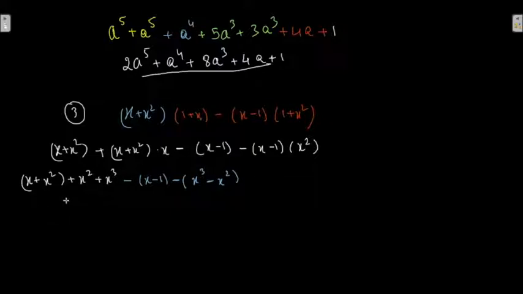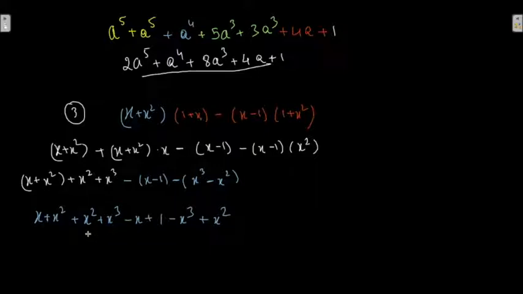So it becomes x plus x square plus x square plus x cube minus of x, and this minus will make this minus plus 1 minus x raised to power 3 plus x raised to power 2.